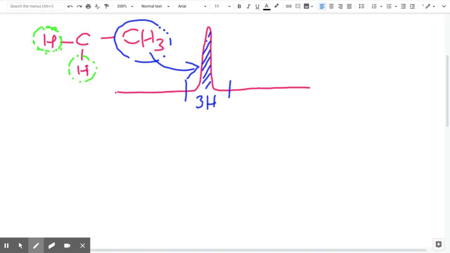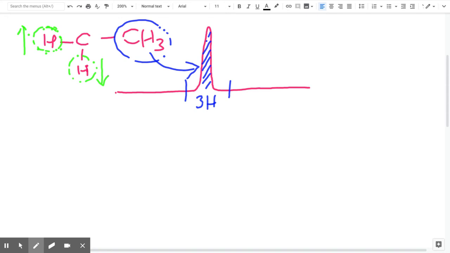Obviously, it's going to be slightly more complicated, because now the spins of the adjacent hydrogens could be up or down as before, but we now have various combinations: one could be up, one could be up, they could both be down, one up, one down, etc. And so we need to look at those different combinations.